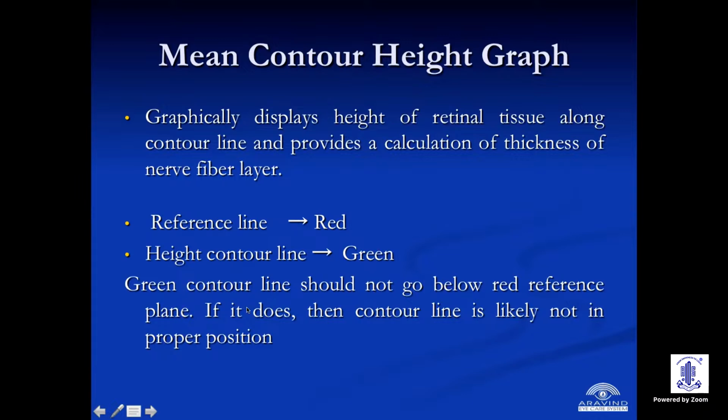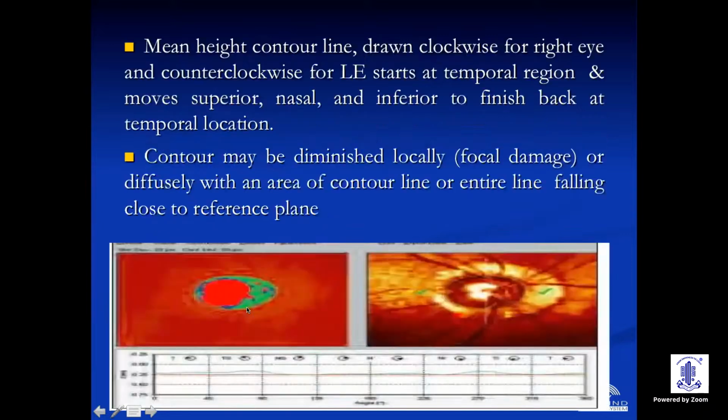If it does, then the contour line is likely not in proper position. The mean height contour line is drawn clockwise for the right eye and counterclockwise for the left eye. It starts at temporal region, moves superior, nasal, and inferior to finish at the temporal location. So this is what I was mentioning in GDX VCC also: temporal, superior, nasal, and inferior.